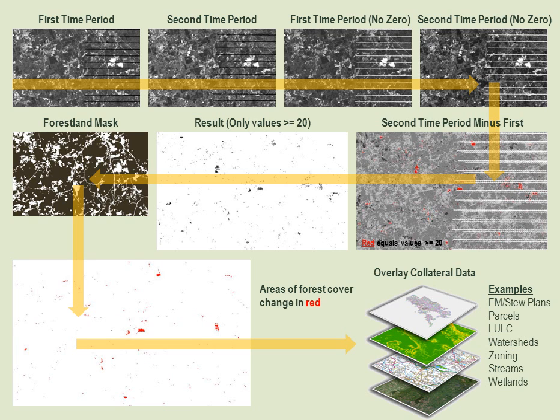So then our next step is to just pull out those values, 20 and greater, from this subtraction. And then you're basically looking at all areas of vegetation change. So this could be forest, this could be an agricultural field, this could be somebody's decent-sized lawn, or just a pasture.